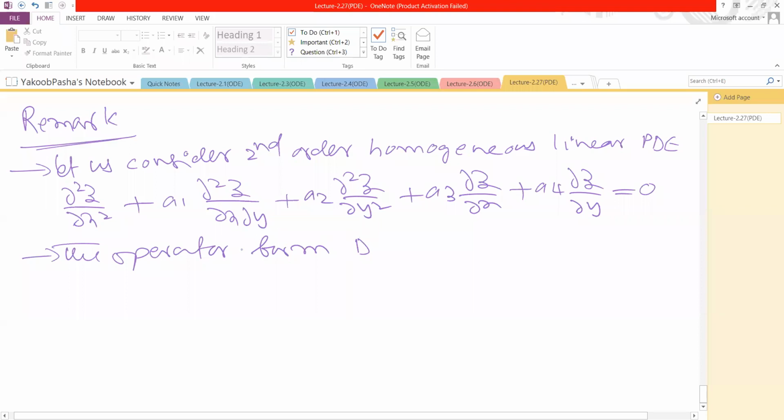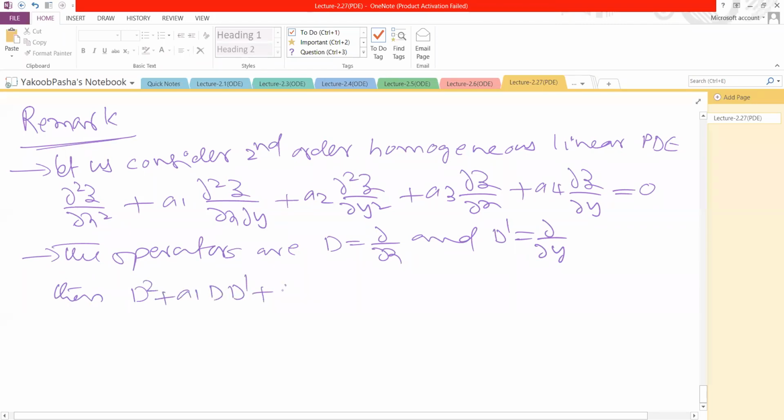The operators are mentioned here: D equals dou by dou x and D dash is equal to dou by dou y. Then the given differential equation can be written as D square plus a1 D D dash plus a2 D dash square plus a3 D plus a4 D dash of z is equal to 0.